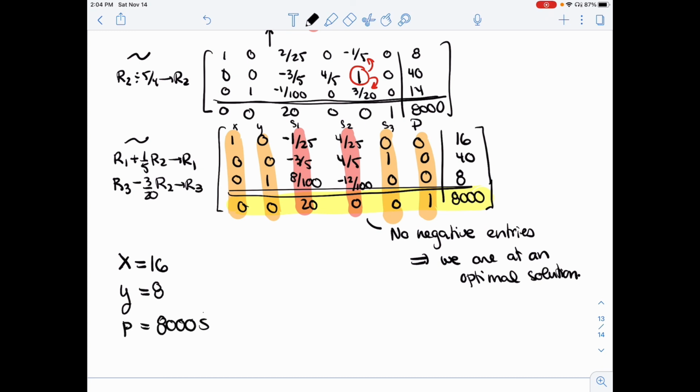So what's happening here is that there actually are 2 different ways of getting the same $8,000 profit. If you care about the resources, there's no fiberglass or carbon fiber left, but there is some man hour left.